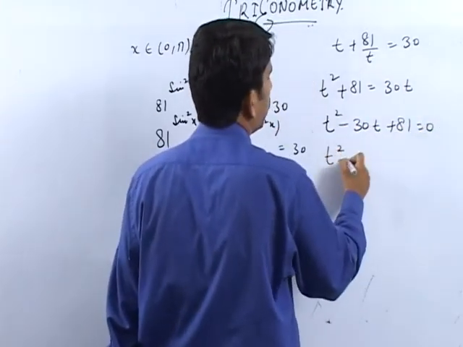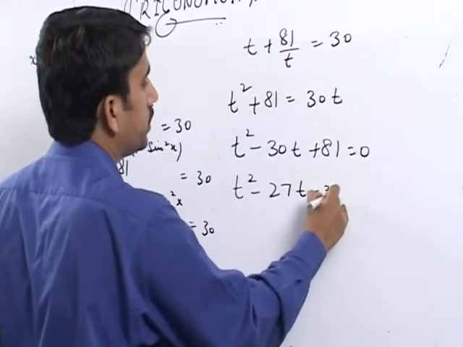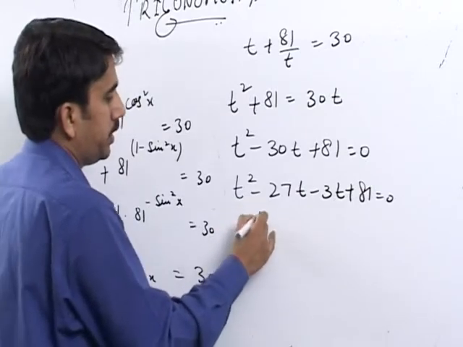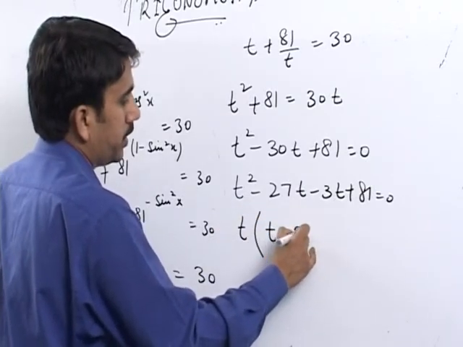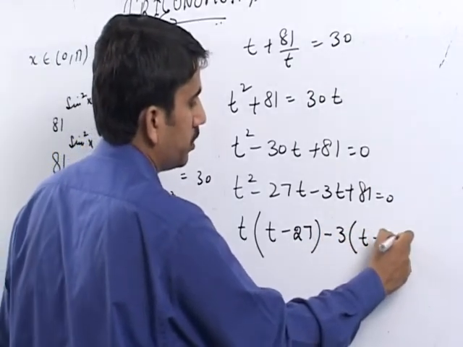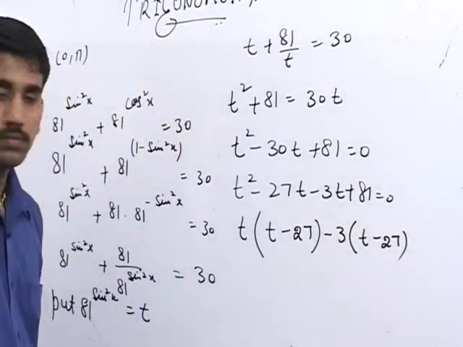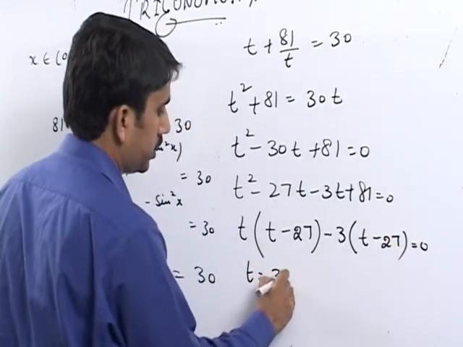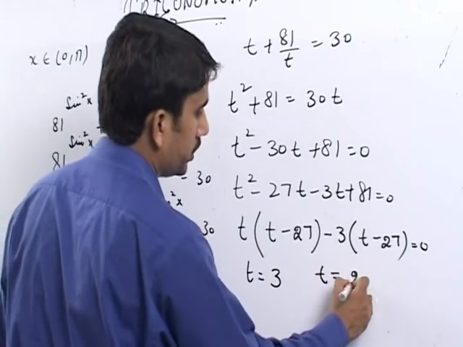Now you can make the factors: t square minus 27t minus 3t plus 81 is equal to 0. Now from here, t common, t(t minus 27) minus 3(t minus 27) is equal to 0. From here, t is 3 or t is equal to 27.